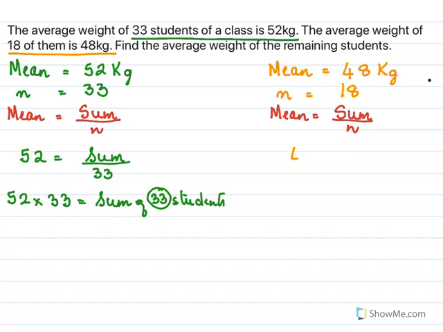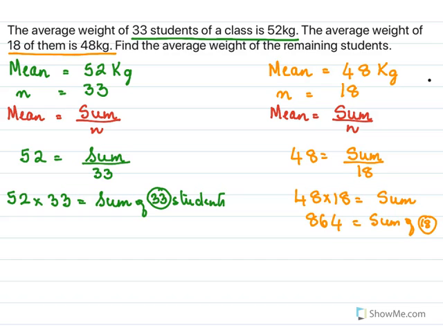We know the mean is 48, the sum we do not know, the number of observations is 18. So 48 into 18 is the sum of these 18 students, and that works out as 864. We need to find the average weight of the remaining students.